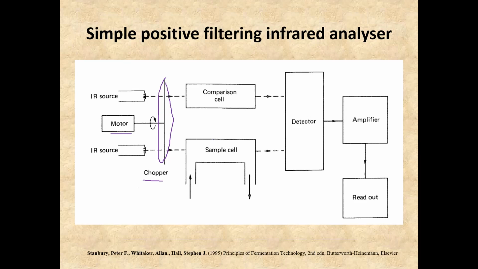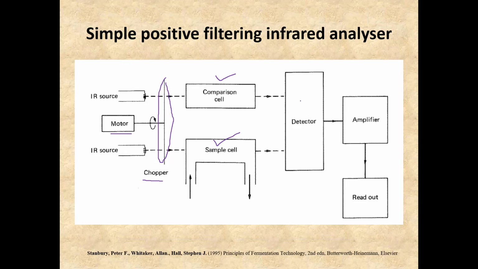There is a sample cell in which your air sample is kept, a comparison or reference cell, and a detector. This detector is sensitized at a wavelength at which the gas of interest absorbs infrared energy. In this case, the detector will be filled with carbon dioxide. So it's a positive filtering method of infrared analysis.